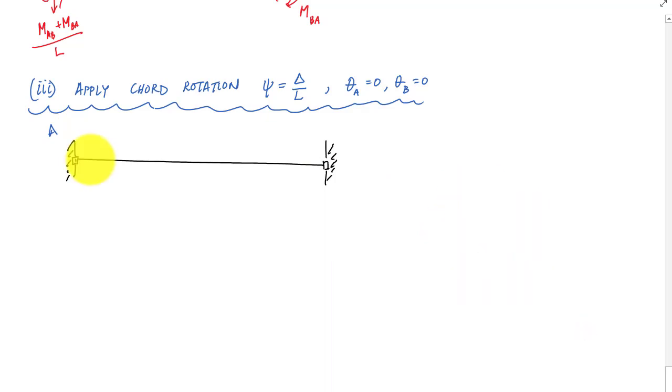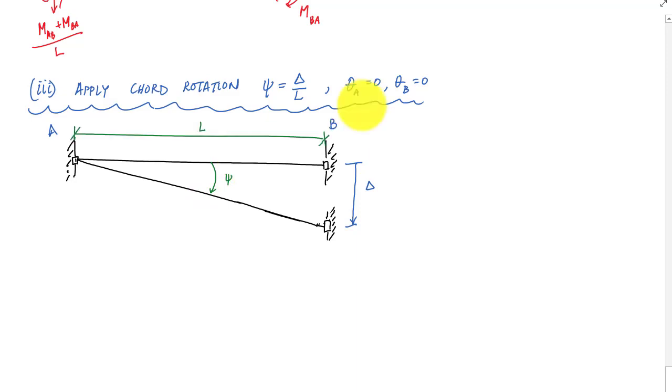This displacement is delta, and this is my chord rotation psi. So there has to be some sort of deformation. The slope here has to be horizontal, and the slope here has to be horizontal.